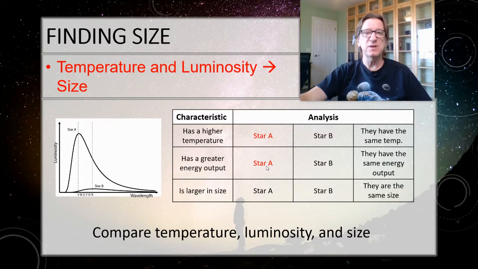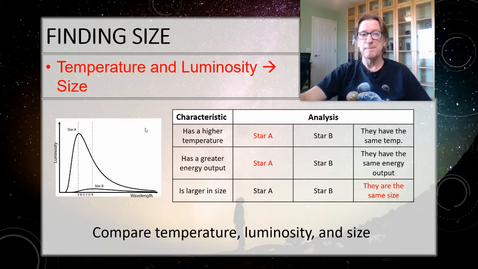Now, pause the video. Which one do you think is going to be bigger, or are they going to be the same size? Well, in this case, they're the same size. Think about that. This is bright not because it's bigger, but just because it's hotter. These stars are basically the same size, and so it's going to be brighter just because it's hotter.